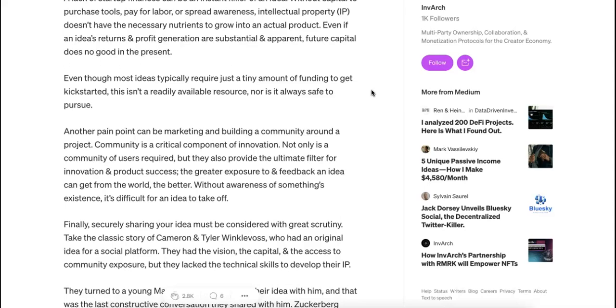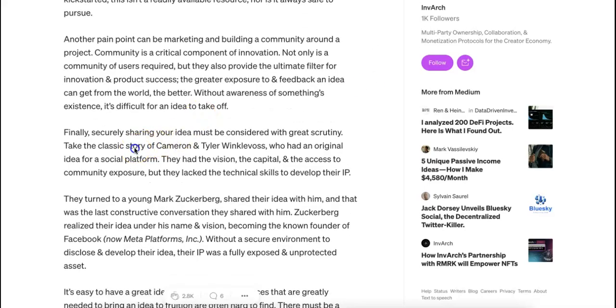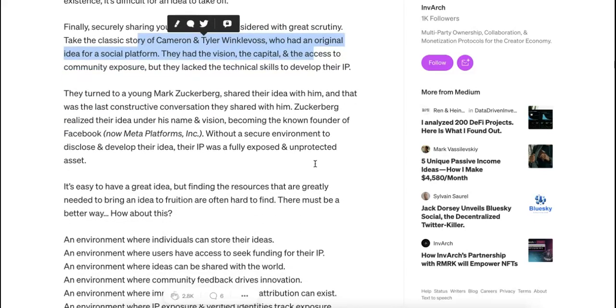And they take the example of Meta, right? So they had the idea, like Tyler and Cameron. They had almost everything. They shared that with Zuckerberg, and Zuckerberg made it with their idea and added his own idea, and finally created Meta, Facebook.